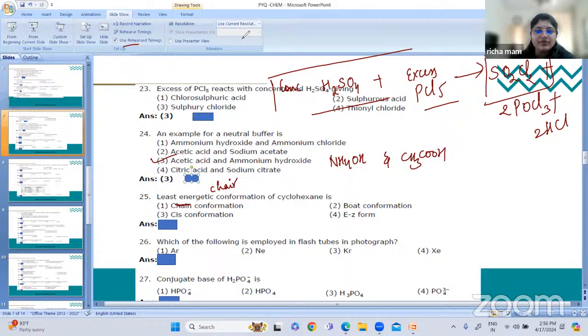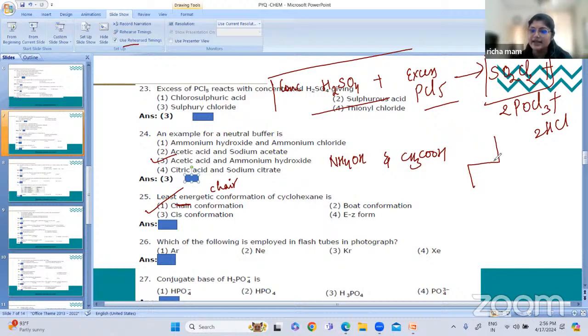Yes? Okay. Vamshi Krishna has answered it as 1. Yes. Okay. So the least energetic conformation of cyclohexane is what? It is a chair conformation. Okay. Why is it chair? So chair conformation is like this. Okay. It is due to the angle. So the angle strain is very less.